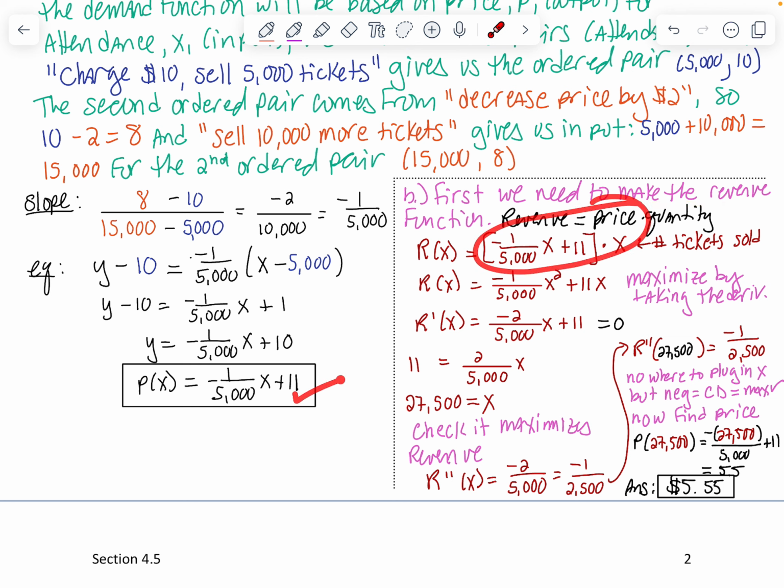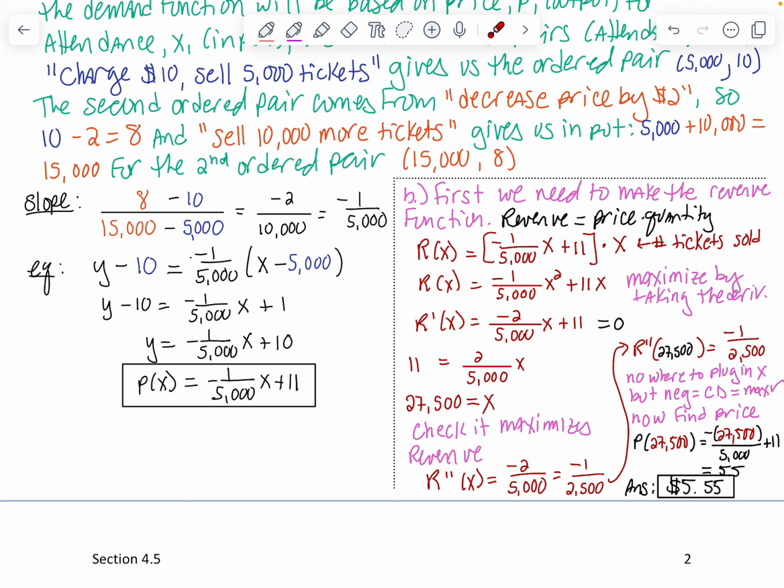So we're going to take the price function we just found and multiply it times X, the quantity of tickets sold, but we don't know what X is, so we just use X. So really, I'm distributing an X, and now I have a revenue function. Now I have something I can maximize.